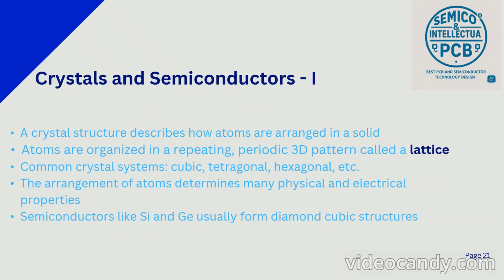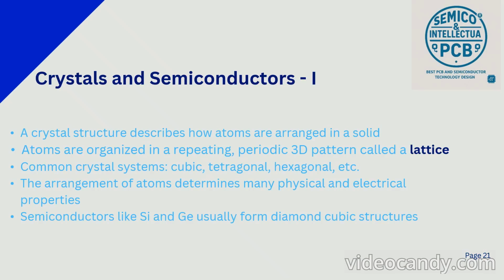Now, coming to some major conclusions, or you can say hypotheses, that we are making at the moment before we indulge in the later deep discussions about crystal structures and properties. We can say that a crystal structure describes how atoms are actually arranged in a particular solid.